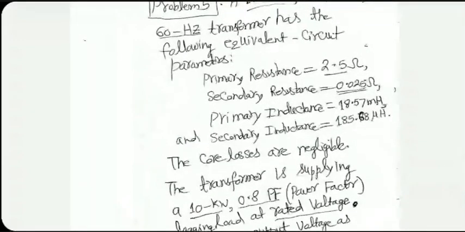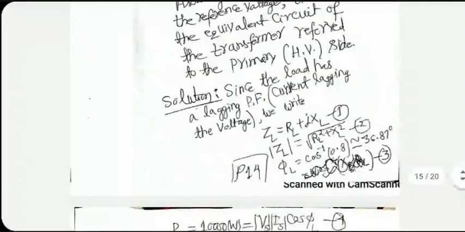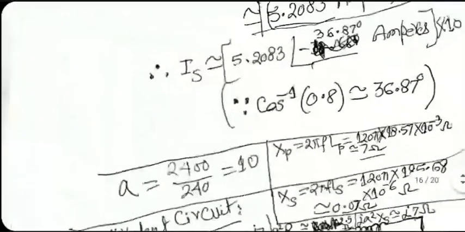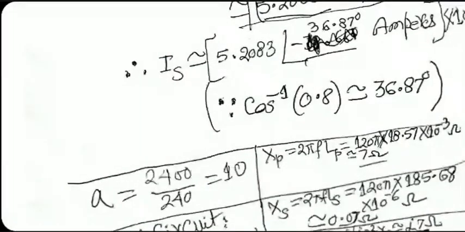So you multiply this value by 2 pi f. F is 60 hertz. 2 pi multiplied by 60 gives you 120 pi multiplied by 18.57 into 10 to the power minus 3. That gives you around 7 ohm.